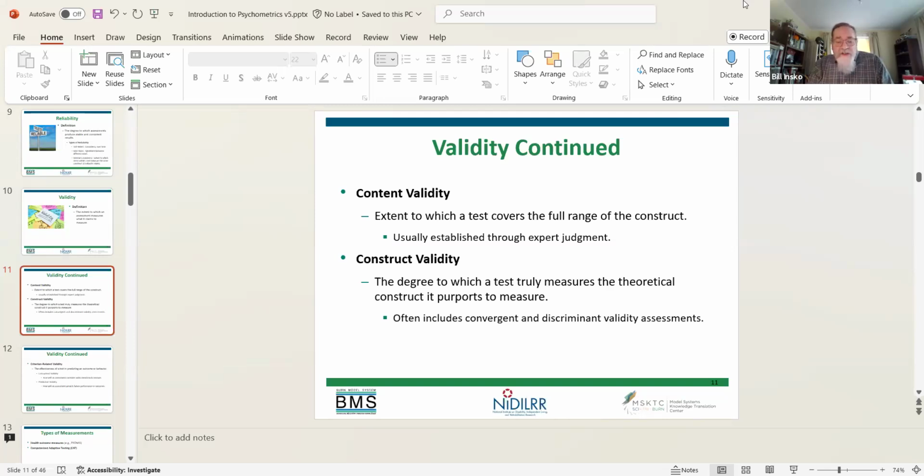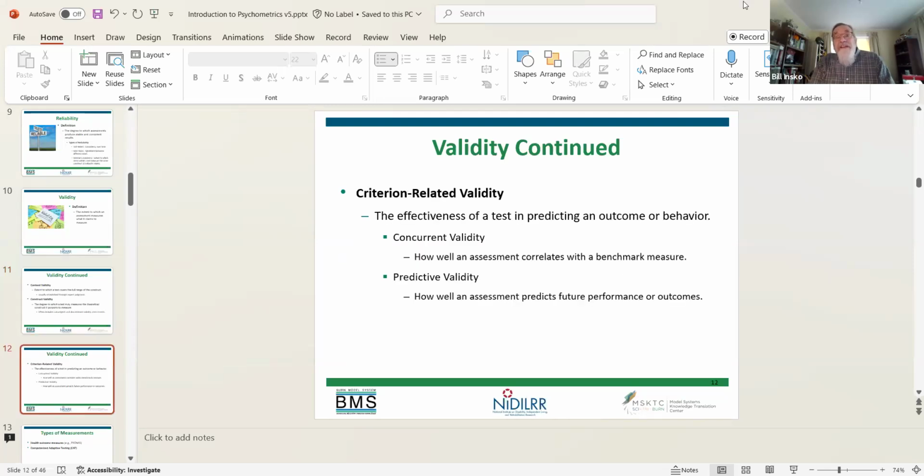But with construct validity, let's say I'm measuring three different types of anxiety, maybe social anxiety or some type of personal anxiety. You have clumps of items that measure different aspects. Well, you can do an analysis to see if those items actually cling together and make sense. The construct validity is a bit tougher because you're trying to get at that latent trait, which of course is something that you can't measure directly.